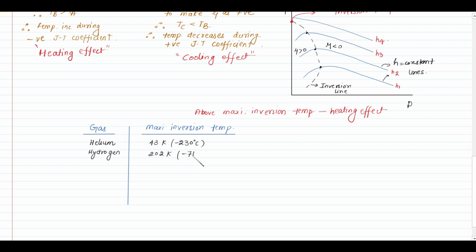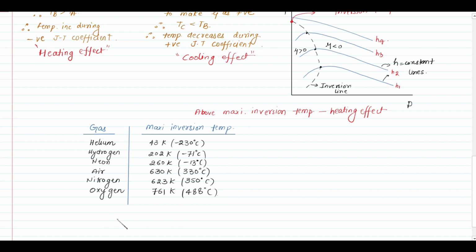For neon, it is minus 13 degrees centigrade. For air, it is 330 degrees centigrade. For nitrogen, it is 350 degrees centigrade. For oxygen, it is 488 degrees centigrade. These are approximated values.